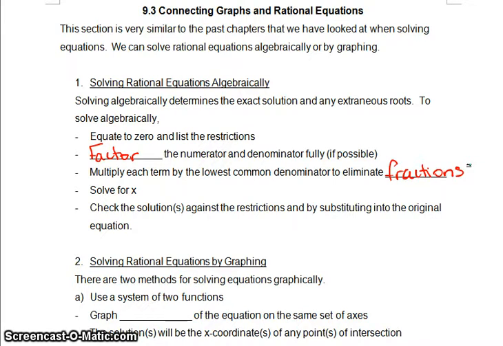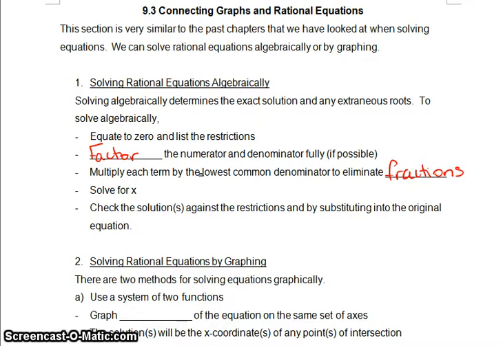Alright, so pretty much the only new step here is that we're going to be multiplying by our LCD, because we're dealing with fractions now. That's our rational equation. So we want to eliminate fractions. Fractions are, I like to say, ugly. I don't like to deal with fractions, so eliminate them by multiplying by the lowest common denominator. Or if you can simplify it too, you can cross multiply and divide.